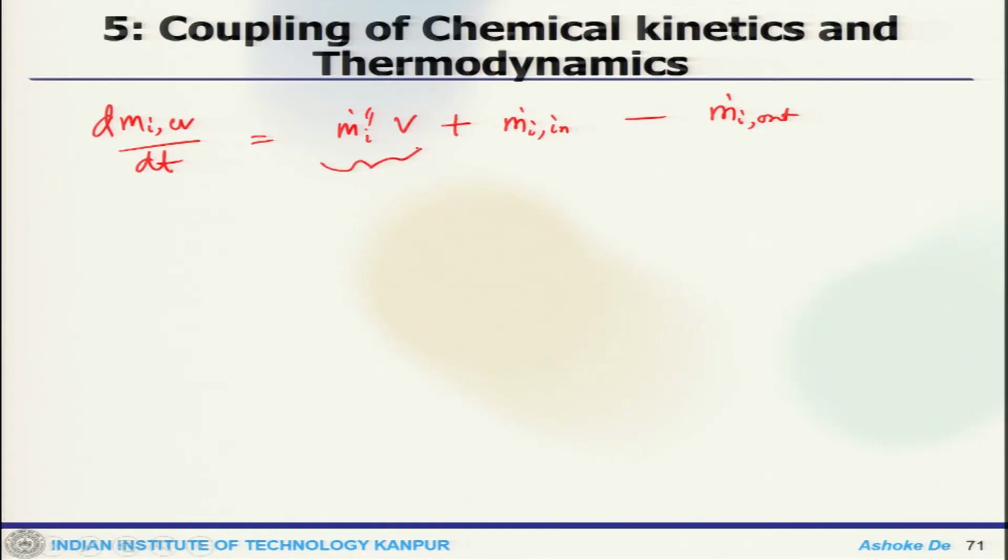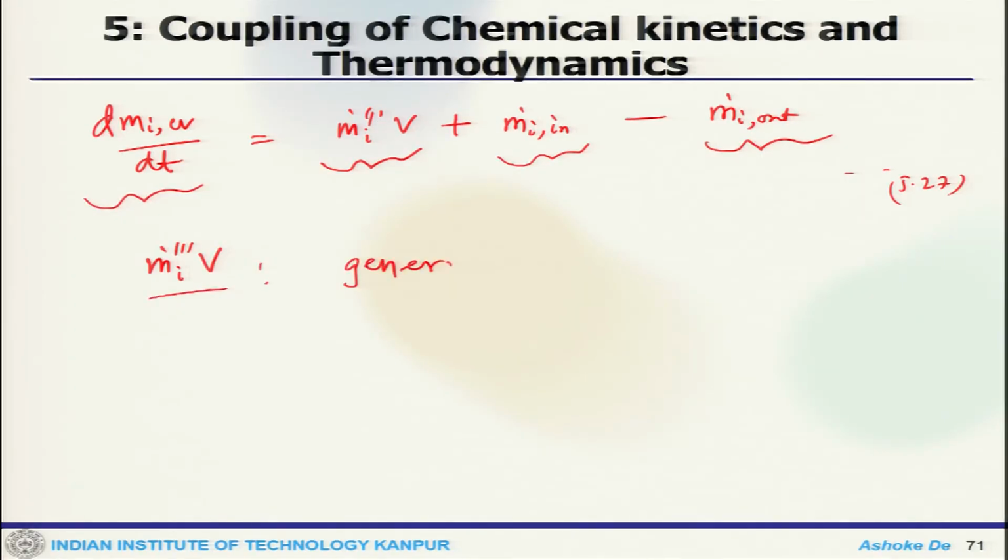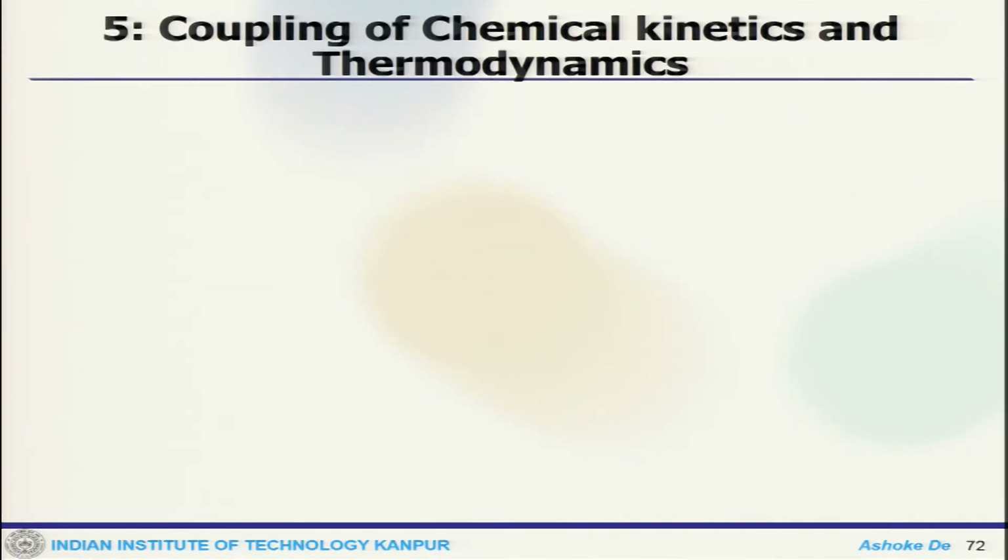So, this is the rate at which the mass of i is generated, this is the mass flow of i which comes into the control volume, this is what goes out, and this is the rate at which the mass changes. Now, omega dot_i times V is the source term. Essentially this is either generation or destruction of species by chemical reaction through transformation of one species to another species.